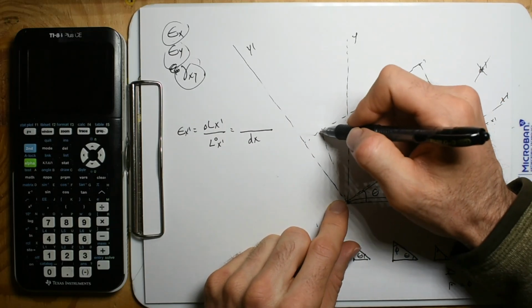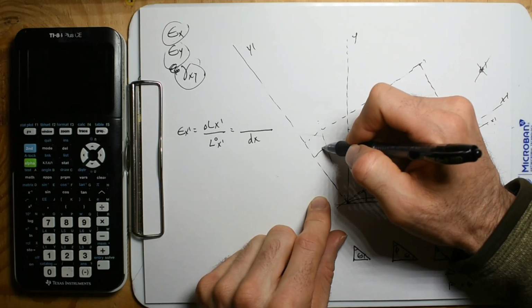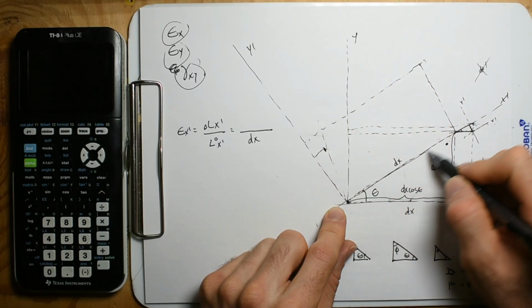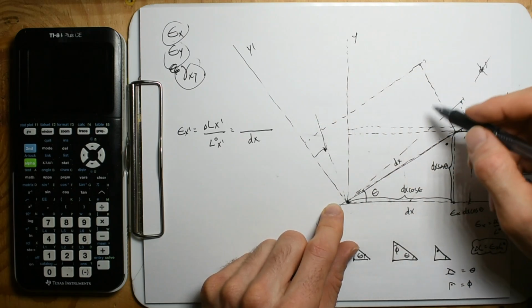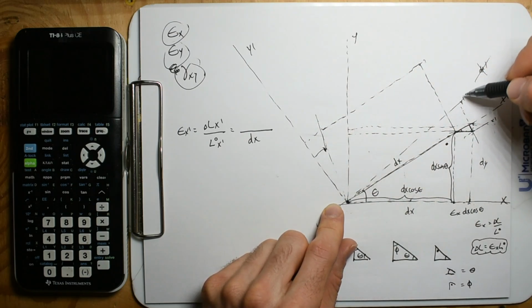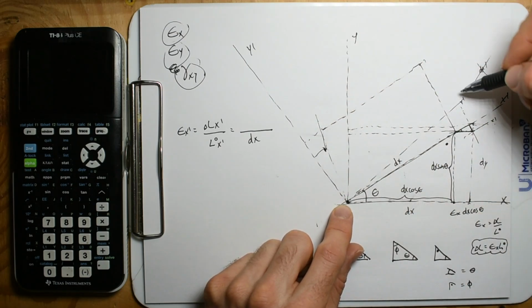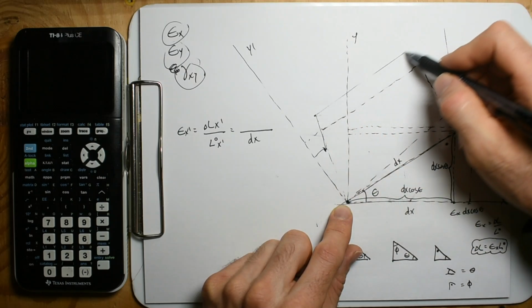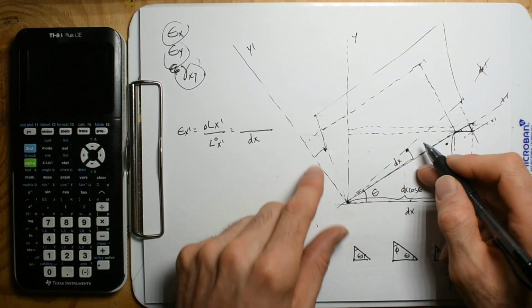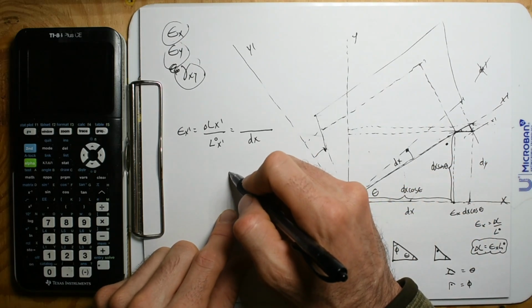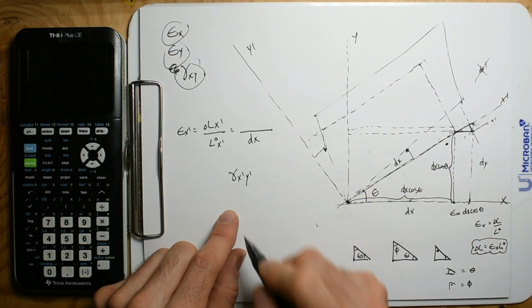A positive angle change would be that this moves this way, and this line moves that way. So if I get the shape to look like that, you know what I mean? Here's my new shape. Then I'm going to add both of these angles up, and that's going to be associated with gamma x prime y prime.